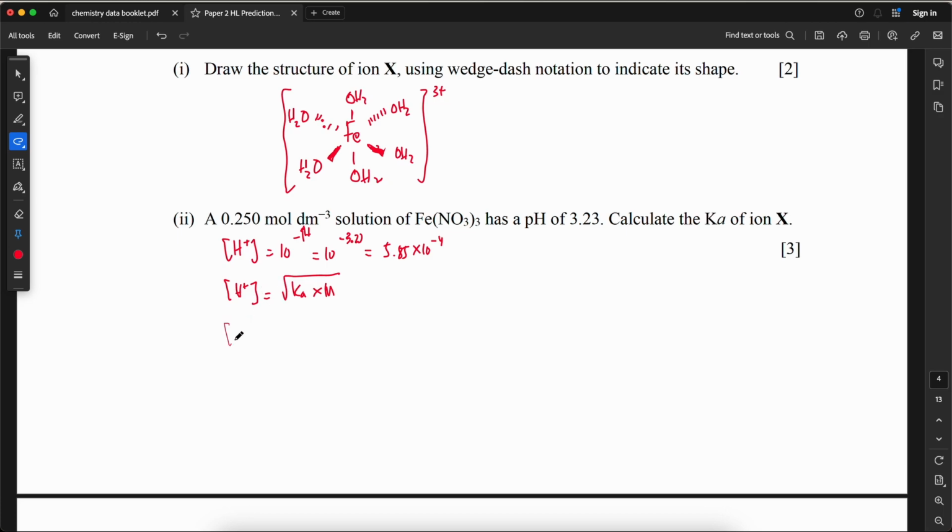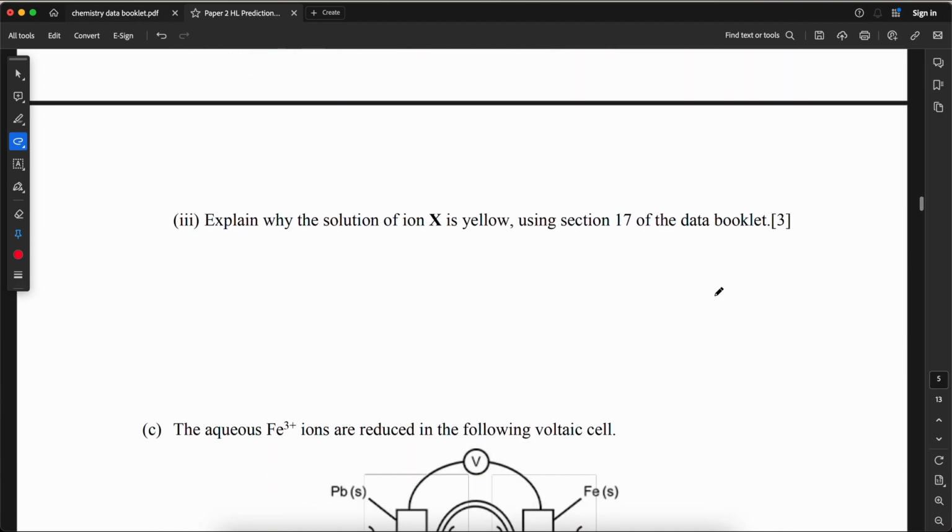So let's remove the square root. So squared, that would be Ka times M. So Ka would be H plus squared divided by M. So 5.85 times 10 to the power negative 4 squared divided by the concentration, which is 0.25, and you get 1.39 times 10 to the power negative 6.